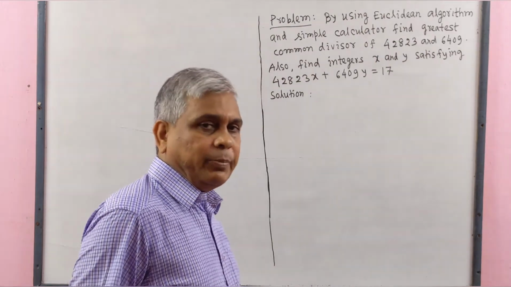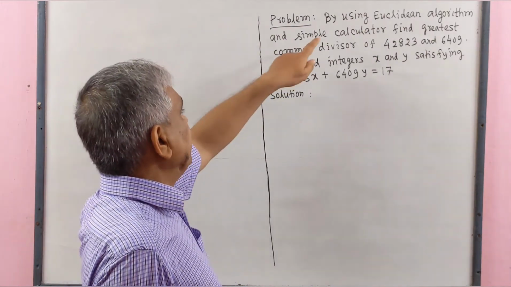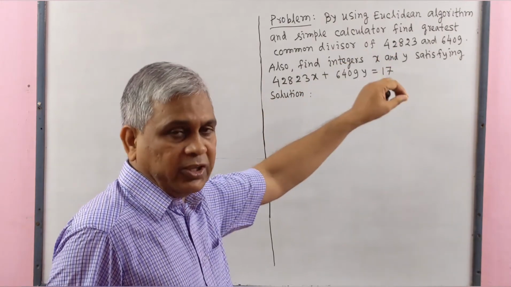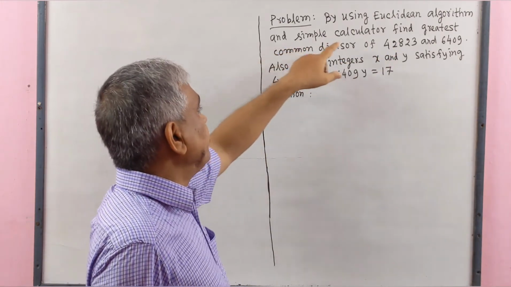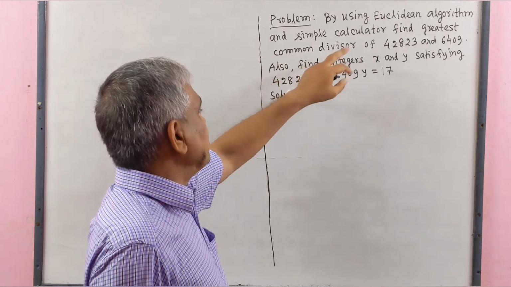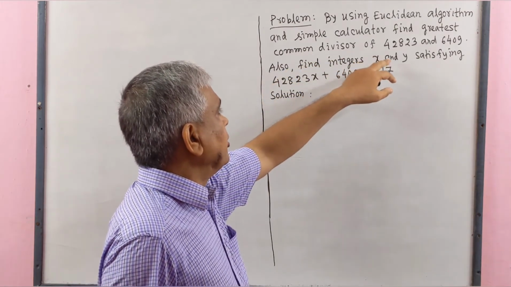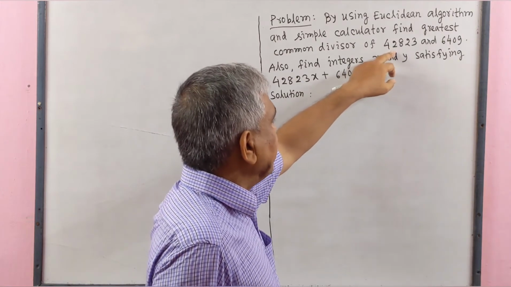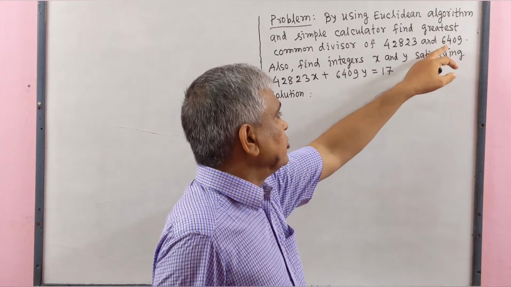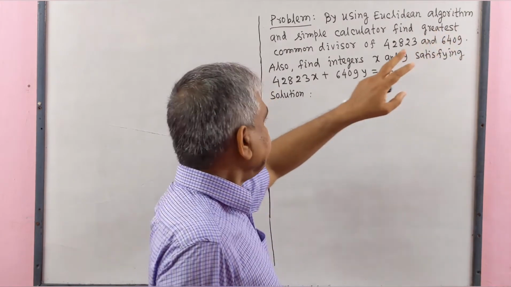Now we solve a problem. The problem is: by using the Euclidean algorithm and a simple calculator, find the greatest common divisor of 42,823 and 6,409.